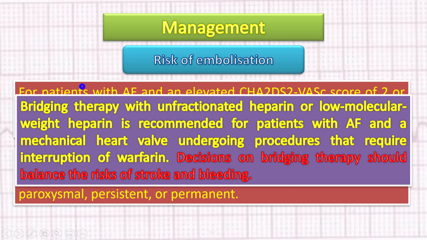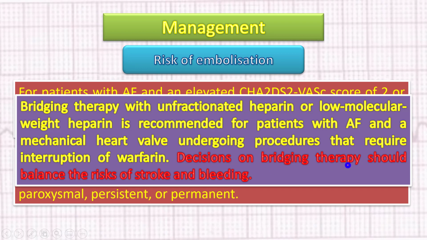So when you have a patient on an oral anticoagulant for AF who is going for surgery, you will stop the anticoagulant. I will not give him bridging therapy unless he has AF and a mechanical heart valve, because in this specific category of patients the risk of thrombosis outweighs the risk of bleeding.